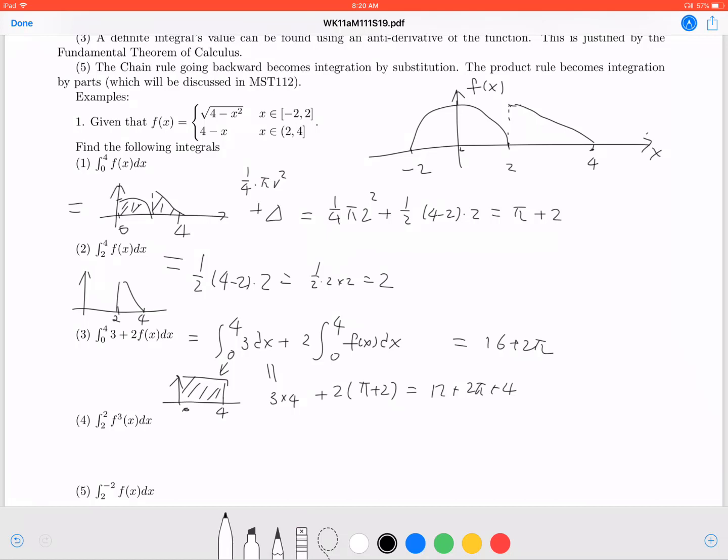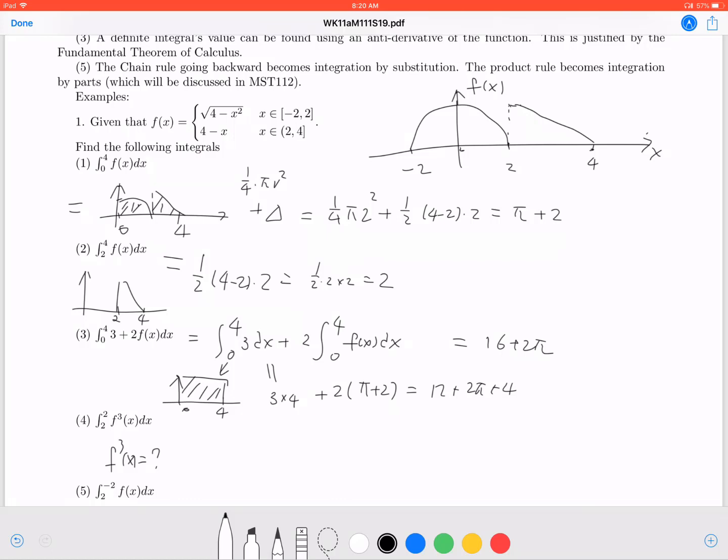So let's try to see if we can look at this problem, number 4. Now, we are a little bit unsure about what f cubed x is going to be, because it's going to be a complicated function.